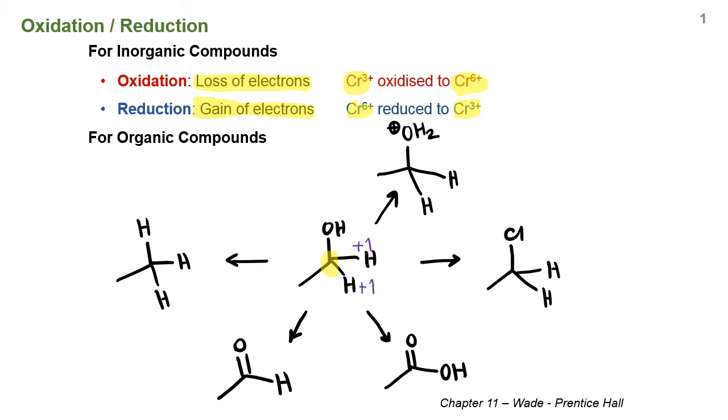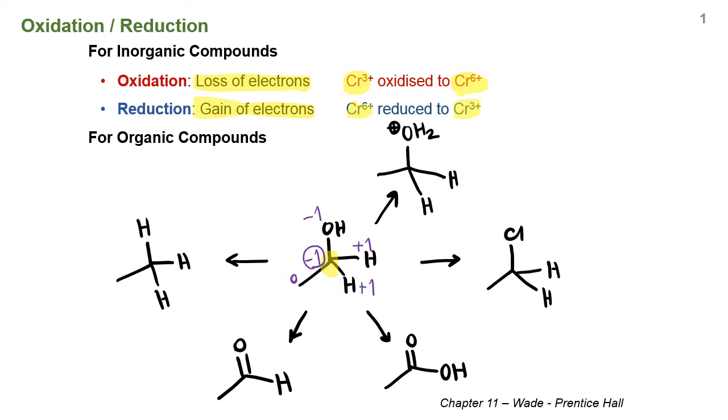This hydrogen is also +1. The methyl group has the same electronegativity as the carbon, so this is 0. Oxygen has higher electronegativity than the carbon, and the hydroxyl group is therefore -1. So in total, to balance the charge, this carbon here must be at -1 oxidation level.